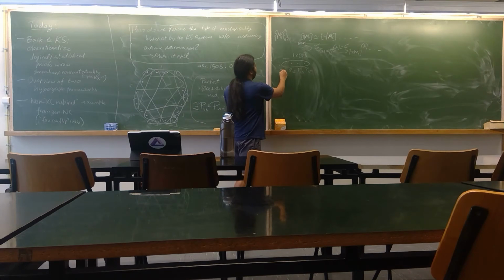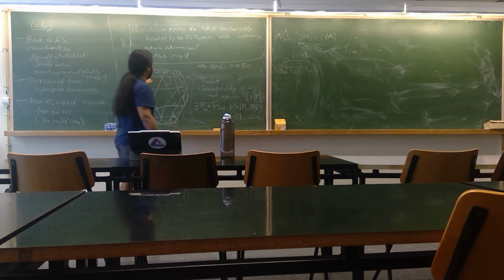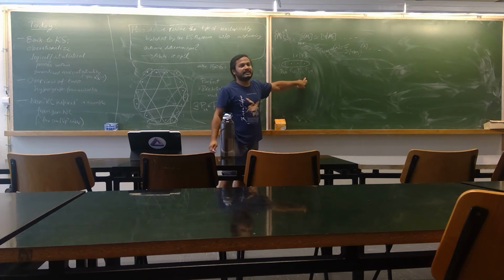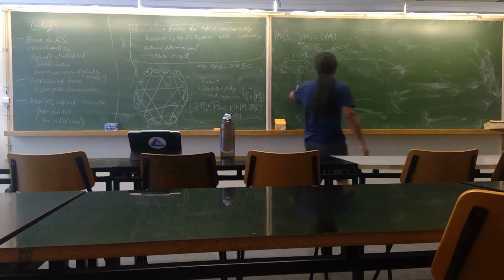So I want to think for each event here of a corresponding preparation. I'm not saying what these preparations are, but these are just some abstract preparations in your operational theory. But they satisfy a certain property.